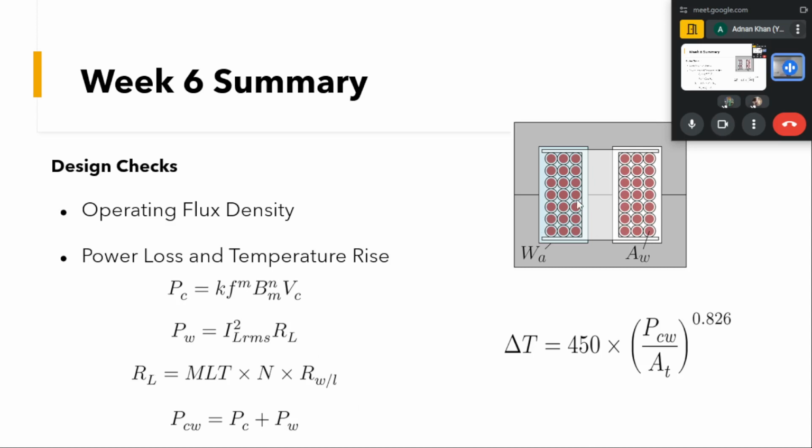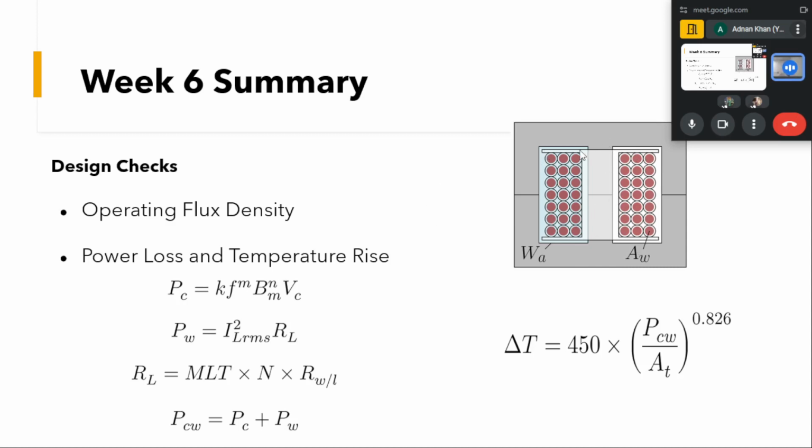But you can see here that the turns that are closer to the central limb on which it is wound will have a smaller mean length compared to the second layer and the third layer. So for that, what we choose is the mean length of the turn. We see this is the mean length, and it is sort of an average taken over all lengths.